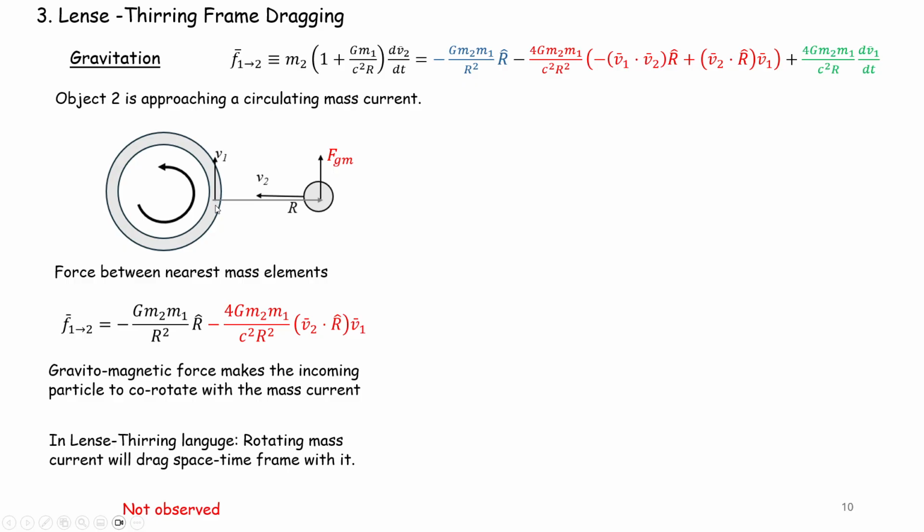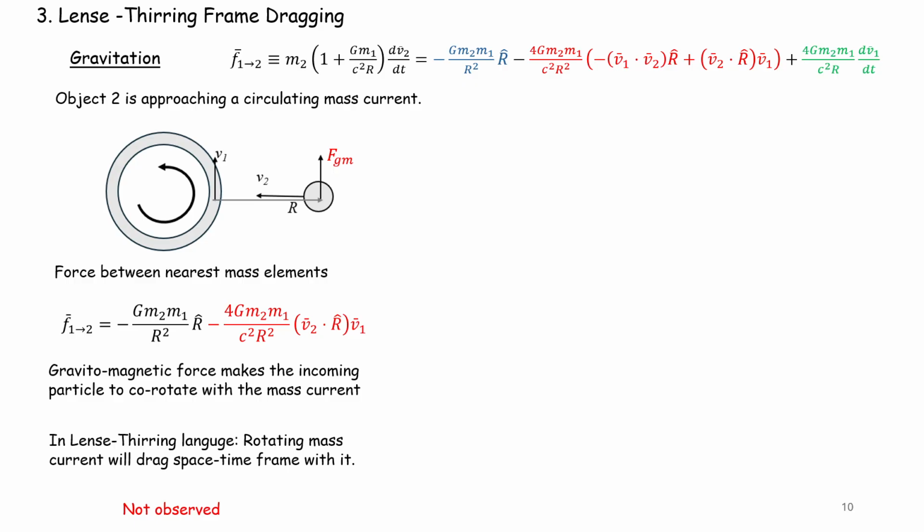And in our experiment, that will be a spinning planet. So then Lense-Thirring found that space-time is dragged with the rotation. So Lense-Thirring worked with this space-time metric and considered space-time.